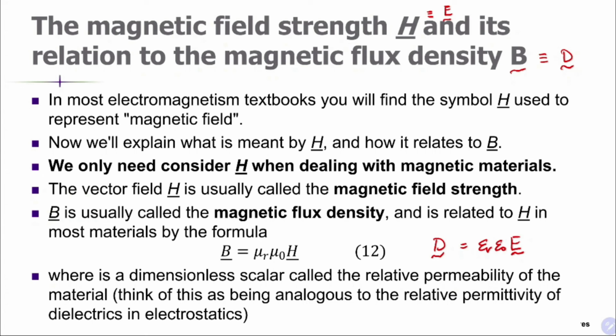So for most materials, mu R is equal to 1, except for a few materials that have high mu R. They are called magnetic materials, things that you use for your transformer. I don't know whether you have seen a transformer, you have a core and then you have wire around it.